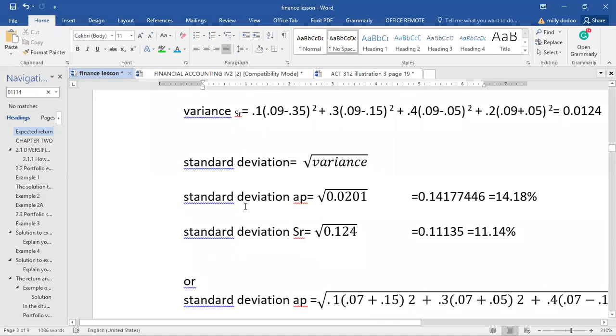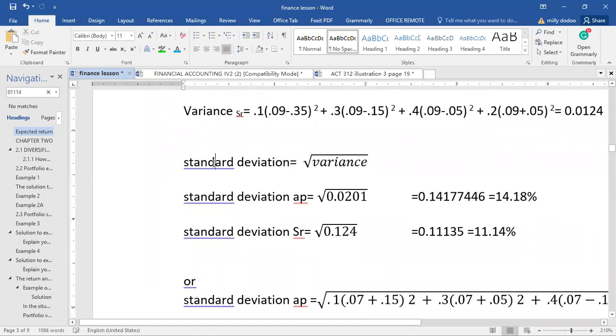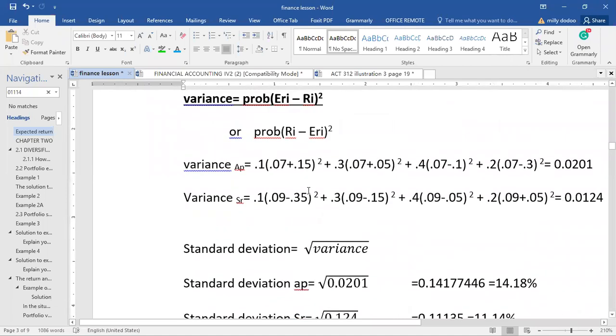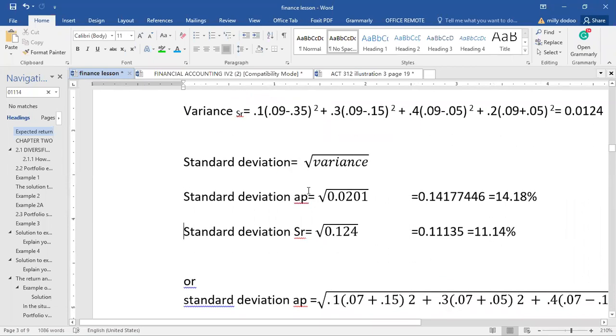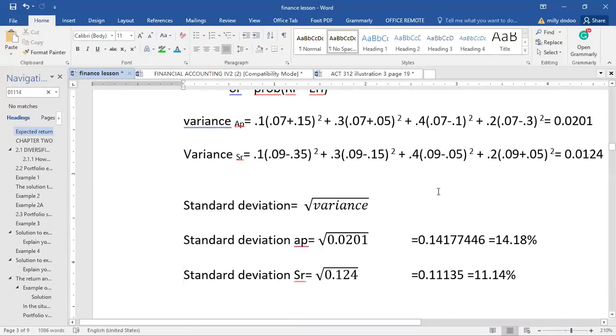And we said that if you square root the variance, you get standard deviation. So somebody can say that standard deviation is equal to the square root of the variance. So when you take the square root of the variance, you get what? Standard deviation.